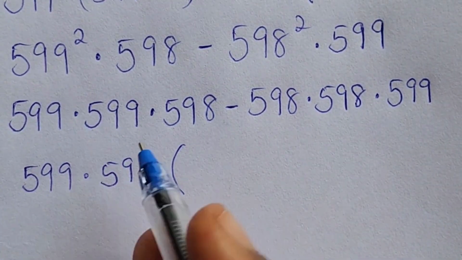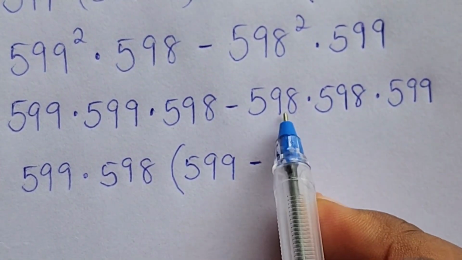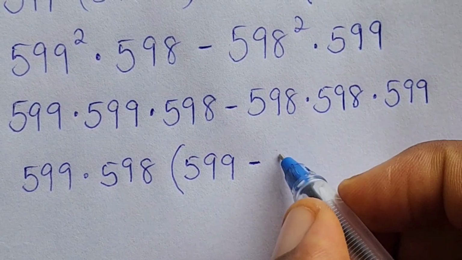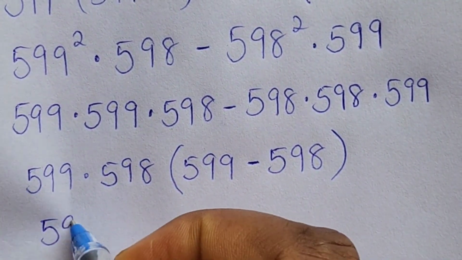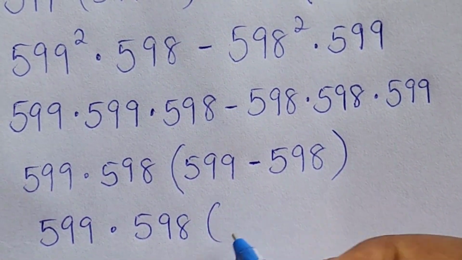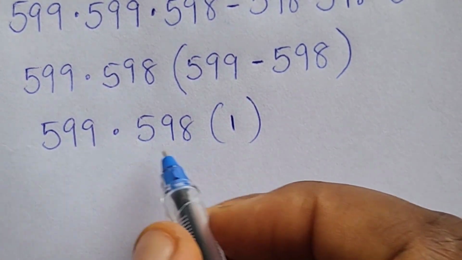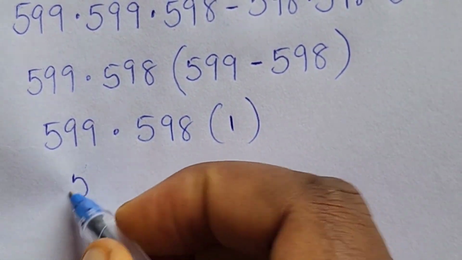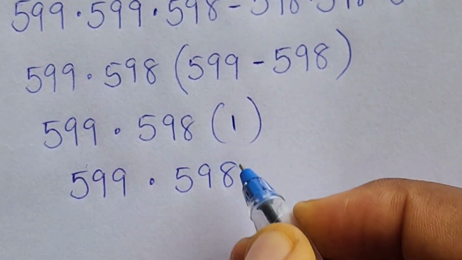So we are left with 599 minus, from here we are left with 598. So we have 599 times 598. Subtracting this, we have 1. So when we multiply by 1, we have 599 times 598.